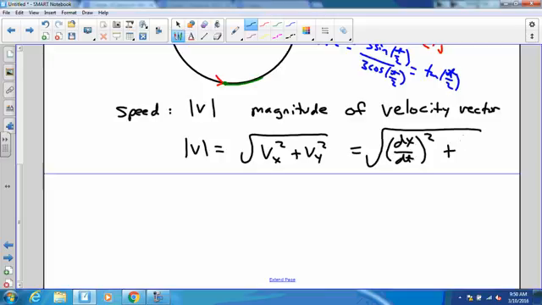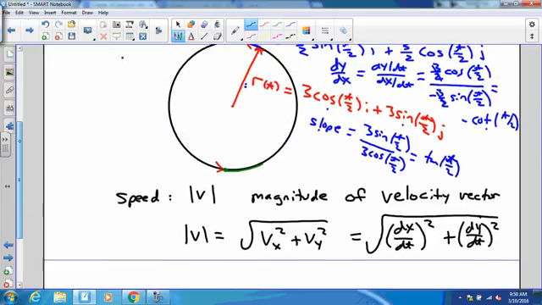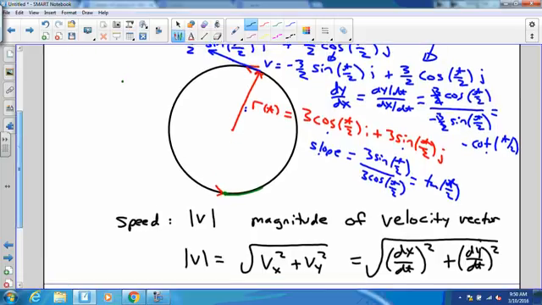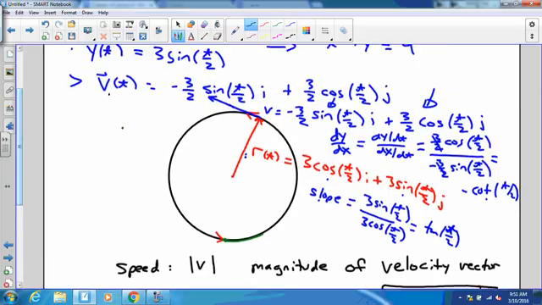But notice that the velocity component in the x direction is just dx/dt, and the velocity component in the y direction is just dy/dt. So we have this expression here for our speed, which is telling us how quickly the object is moving without regard to direction. The speed has several fascinating properties, but here is the one that I want to bring out at this time.